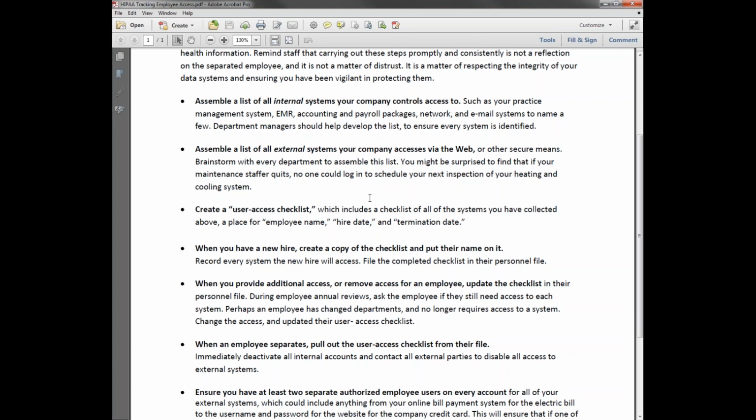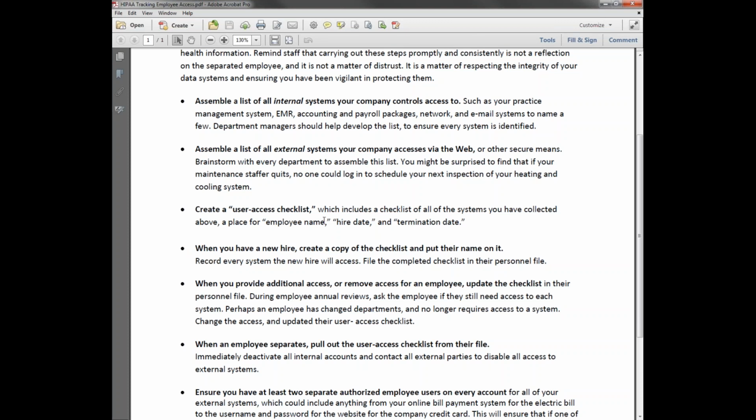Now, that's just an example, but there are several different external systems, including your provider portals that are used, so making sure that we're not violating HIPAA with internal and external systems is critical.